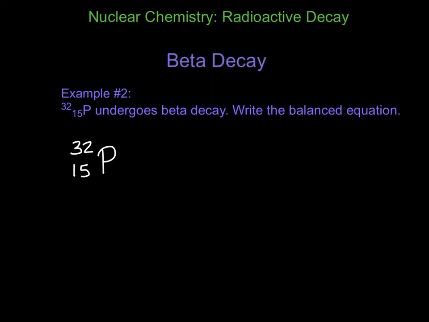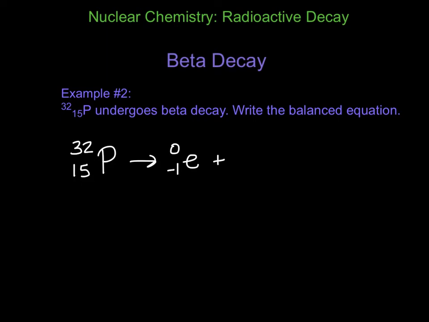We know that our phosphorus is going to be our reactant, and since it's decay, our radioactive particle, our beta particle, is going to be on the product side, and we're going to use the shorthand of our electron. And once again, the sums of our atomic masses and our atomic numbers on the reactant and product side need to be equal. So I have 32 on my atomic mass for my reactant side, so I need 32 on my product side.